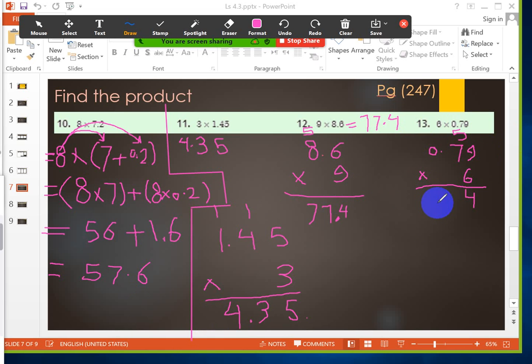Very good. So I have to write here 47 because the digit after the decimal point is 0. If you want to continue the multiplication, you will have the same answer. Now, what about the decimal point, Shahad?